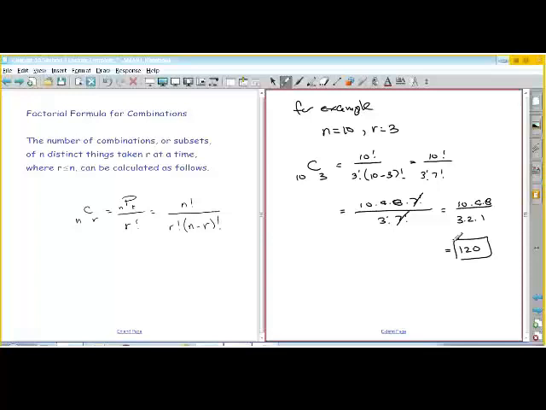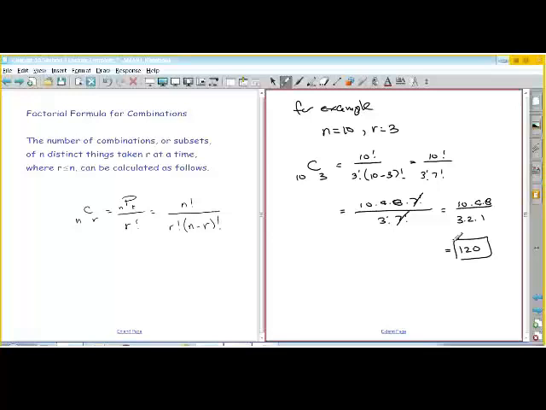One mistake people make is they do this and then they forget that there's a factorial sign here. So don't forget that you're not dividing by 3. You've got to include all the terms in the factorial. I'll keep reminding you of this because I've found from teaching it a couple of years that that's where people make the biggest mistake: they forget that the factorial sign is still there.